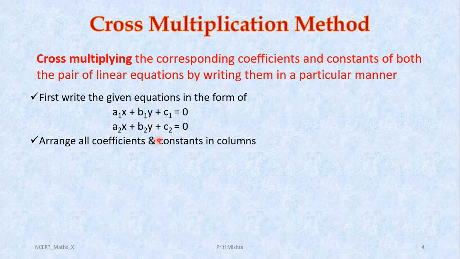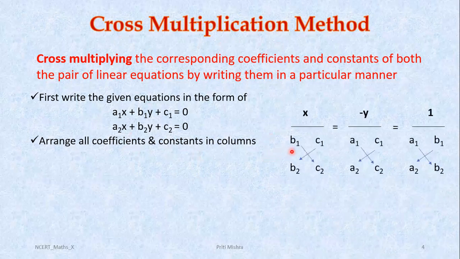C1, C2 are the constants for these equations, and this represents the third column. So in order to find the values of variables x and y with the help of the cross multiplication method, we will write these variables and constants in this manner.